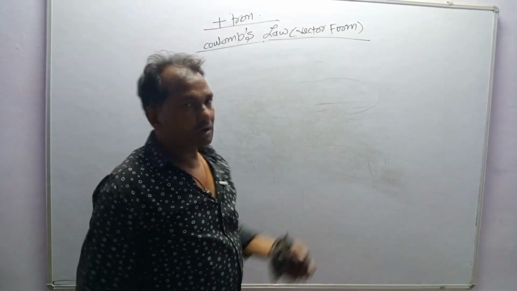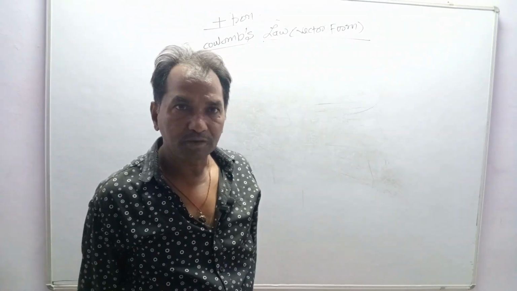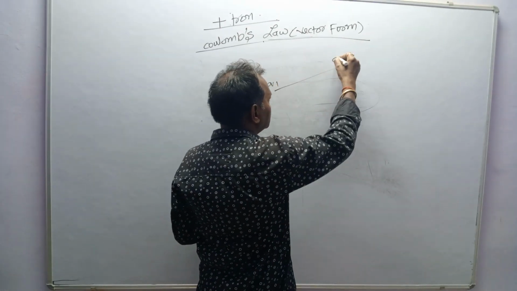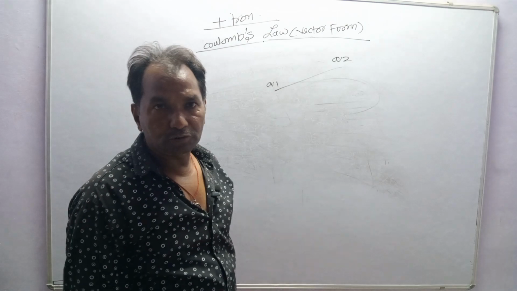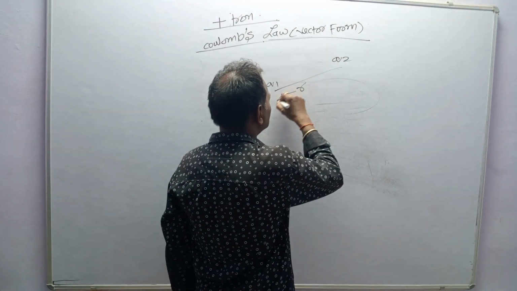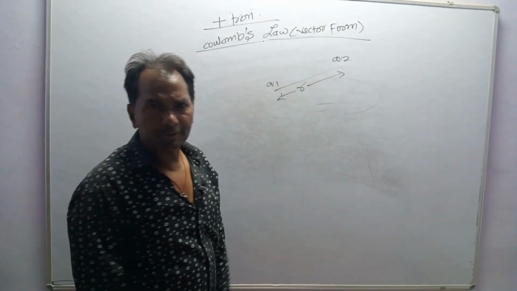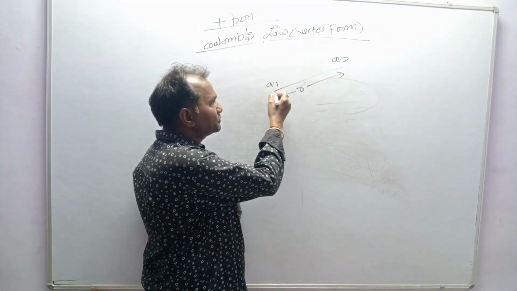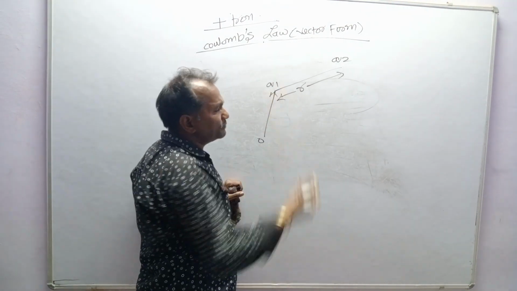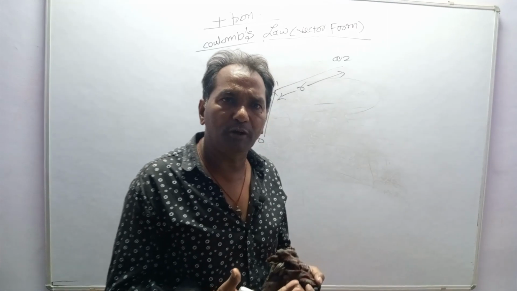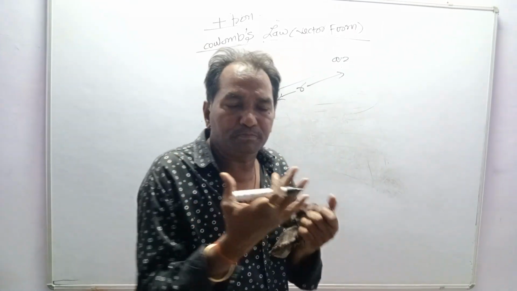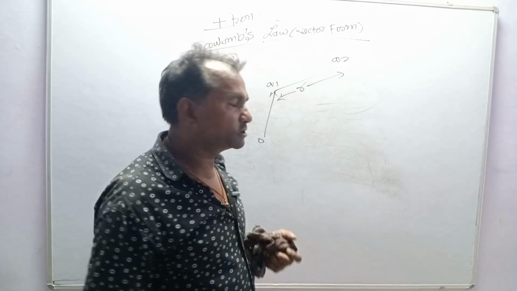Dear students, Coulomb's law we have to find out in vector form. How? Let the two charges be Q1 and Q2. Again I am saying they are separated by distance small r. Now the position of a charge is expressed with respect to the origin.